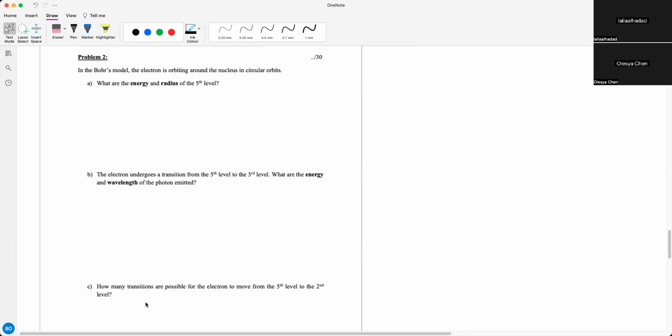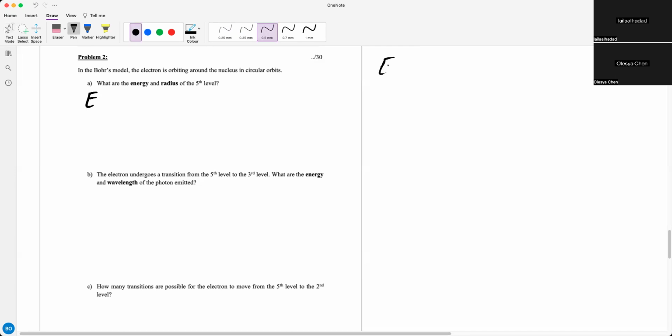So I'm asked to calculate the energy of the fifth level. Any idea? Do we subtract the n5 minus n? No, okay. No. E is equal to, yes.